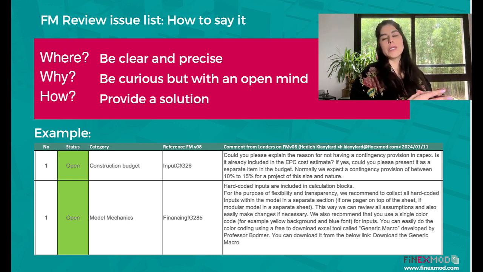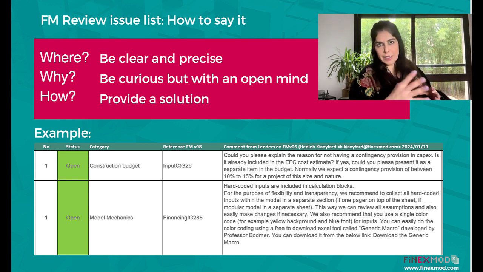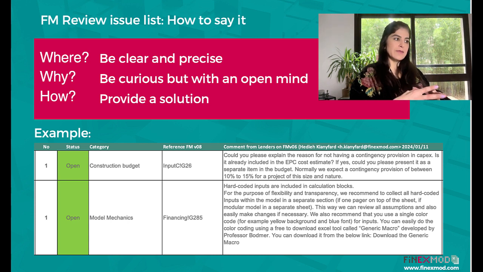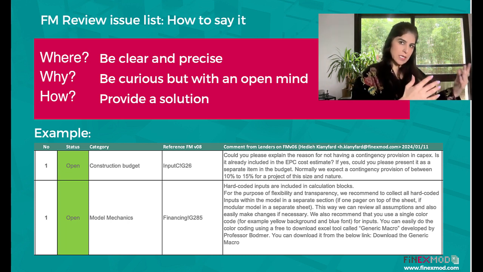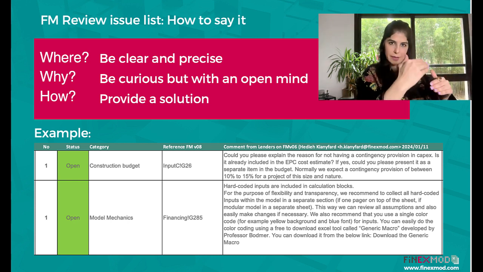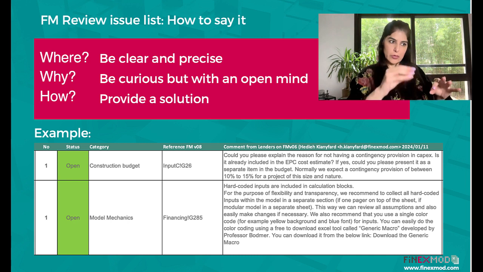Like, I always give this example when I'm explaining this topic. I was reviewing, actually, I sent the model for review to someone. And when we are defining the labels, we always go and check it with the team to make sure that the budget that we are putting in the financial model is right.